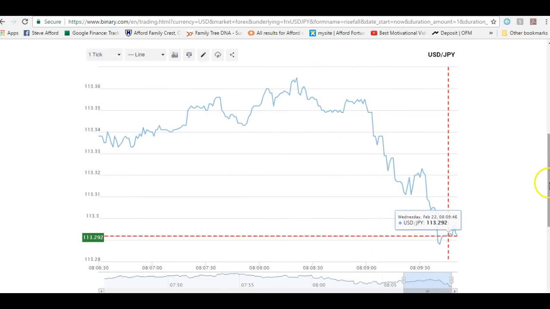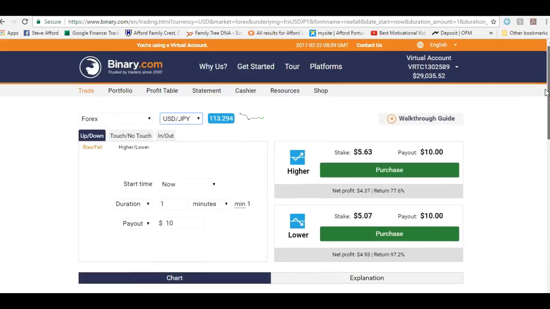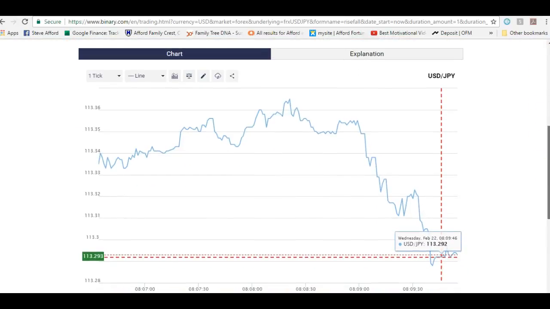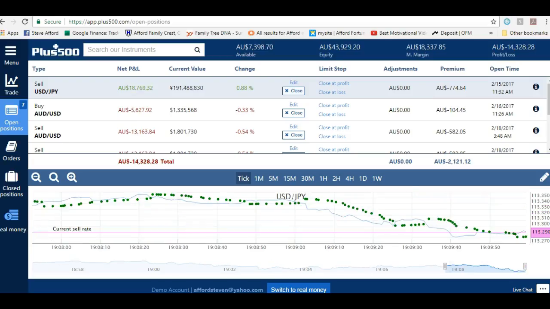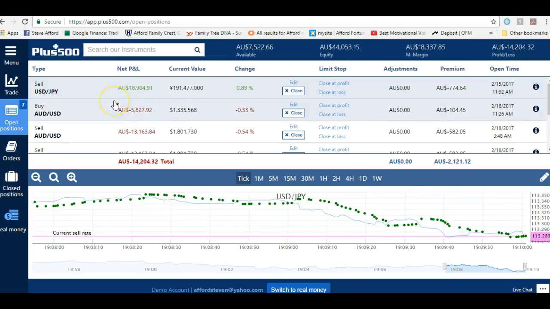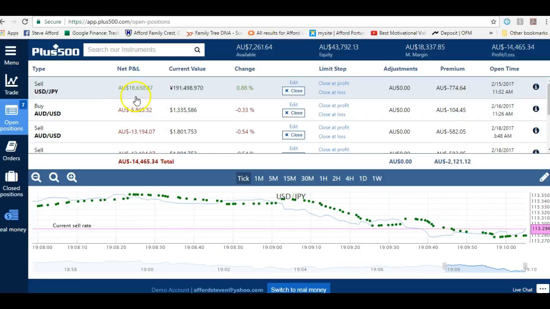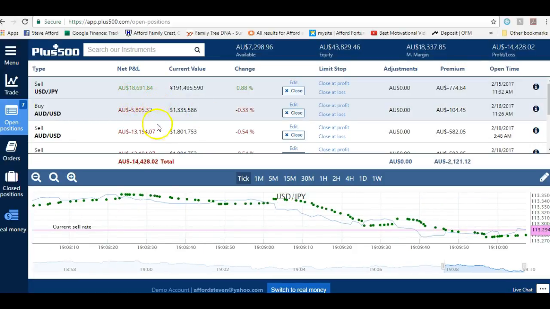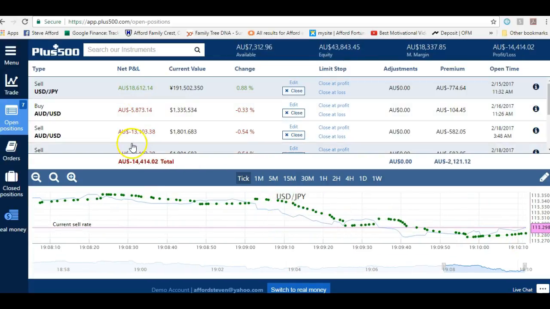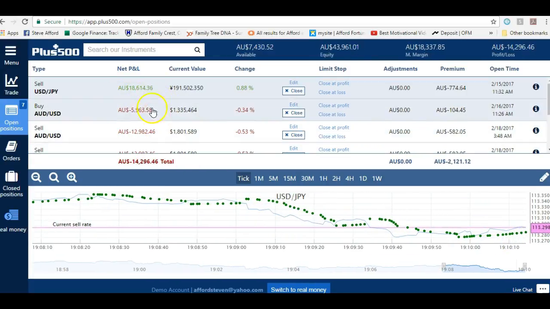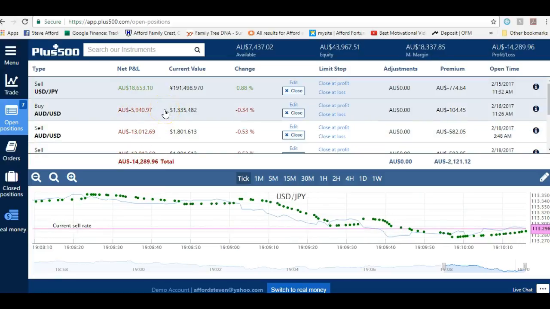Now, you'll find this at binary.com, and it's absolutely free. That's one particular chart that I use, and of course I'm also using Plus500. Now, bear in mind, with this particular indicating process, you're using live numbers or real numbers, not charting, but actual money numbers to give you some sort of reference where the asset is moving.